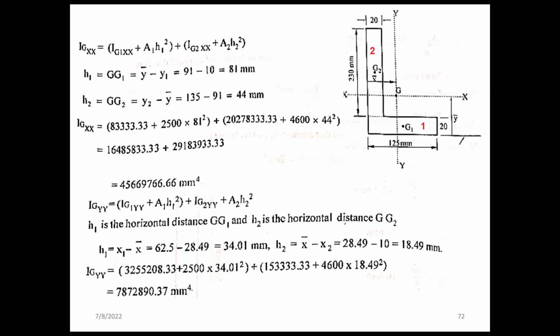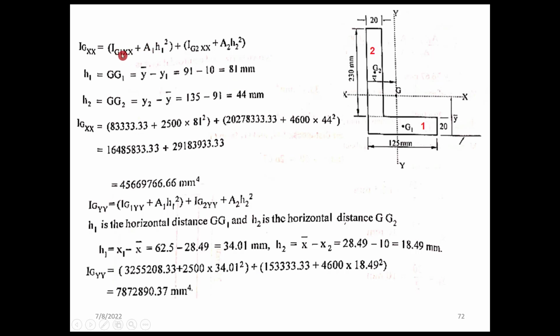Now we need to shift the centroidal moment of inertia to the actual centroid of the entire cross section. We clearly know the location of the centroid, this dotted x line and y line, and IGXX, the moment of inertia of the entire section with respect to the horizontal axis, is equal to IG1XX of the first area plus A1 y1 square.